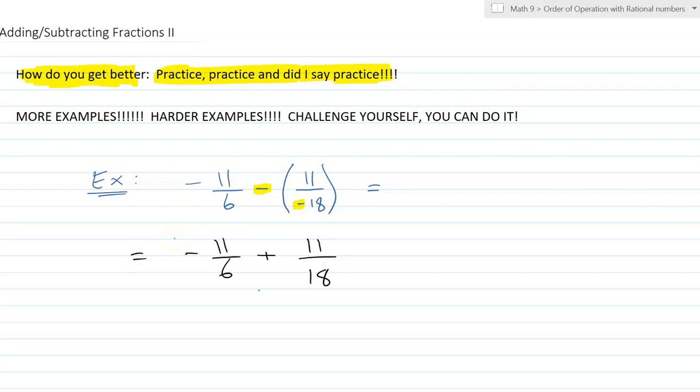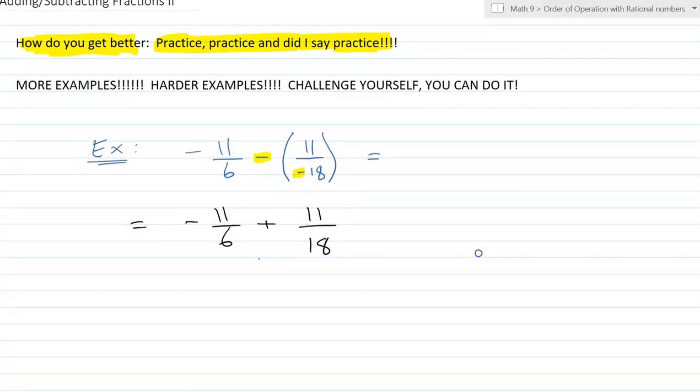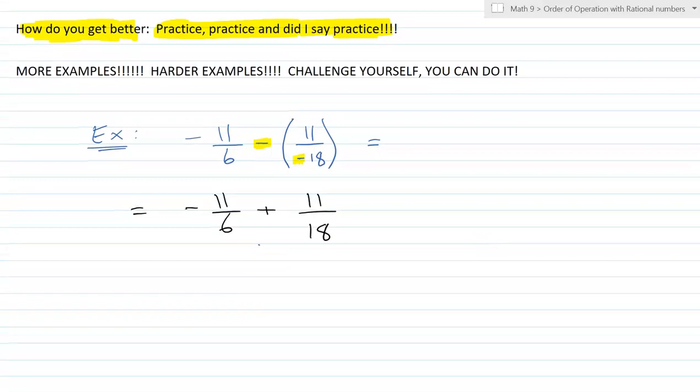Now it's a little bit simpler, okay? So now you can go ahead and do the addition. Now remember, the first fraction is negative. All right, now go ahead and come up with the lowest common denominator. What is the LCD? In this case, the LCD, the lowest common multiple, is 18, because 6 goes into 18 3 times and 18 goes into 18 once, okay?